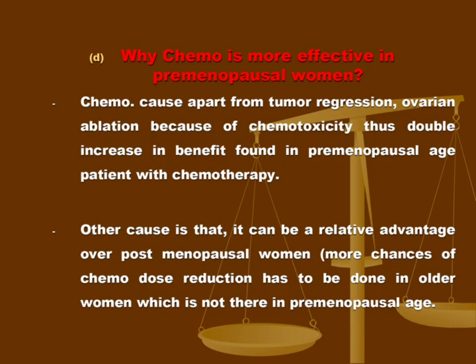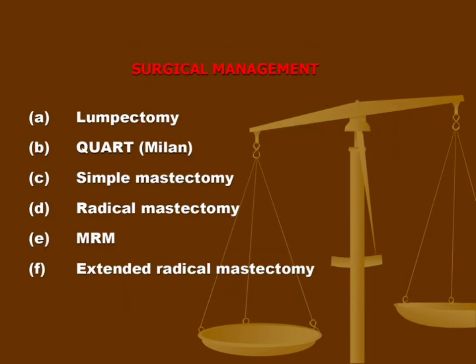Chemotherapy is more effective in a premenopausal woman because, apart from tumor regression, chemotherapy also causes ovarian ablation in a young woman as a chemotoxicity, which provides an added advantage and doubles the benefit in a premenopausal woman.